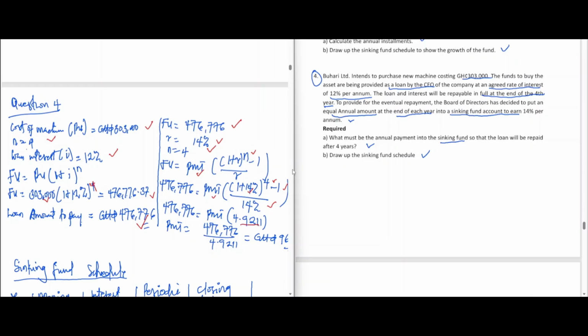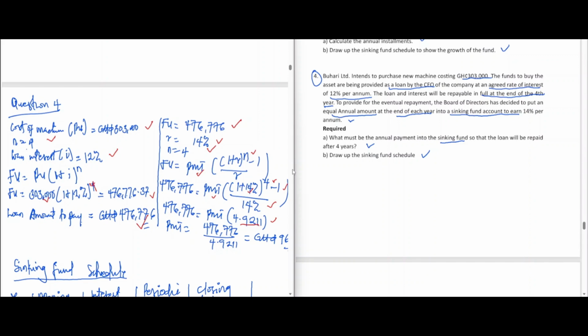4.9211. So we now have our future value of 476,776 equal to our PMT that we don't know, times 4.9211. So we now make our PMT the subject. In making our PMT the subject, we divide both sides by 4.9211.